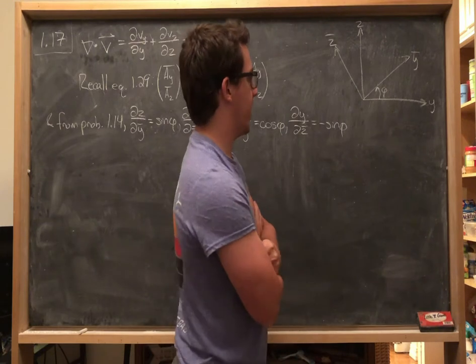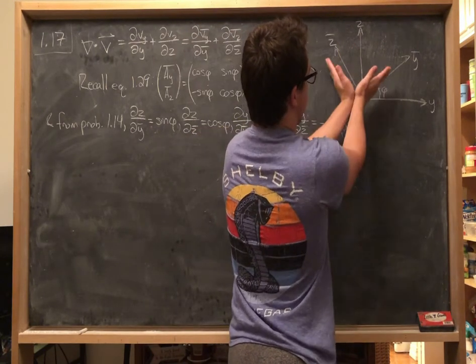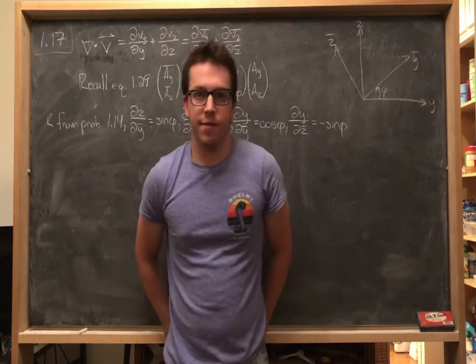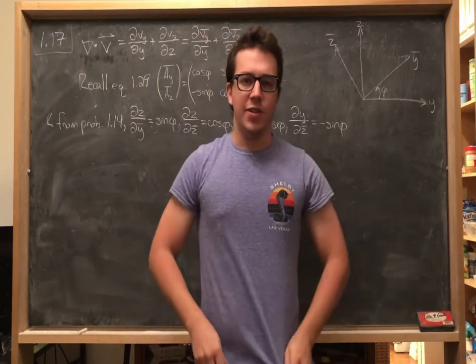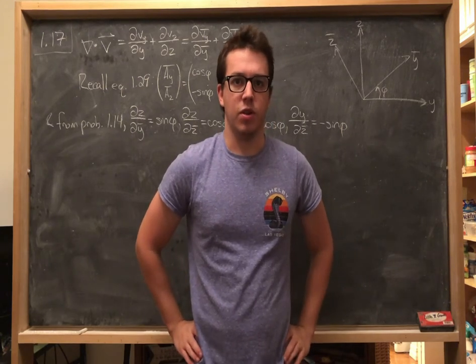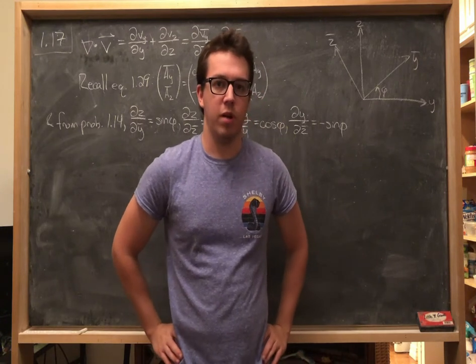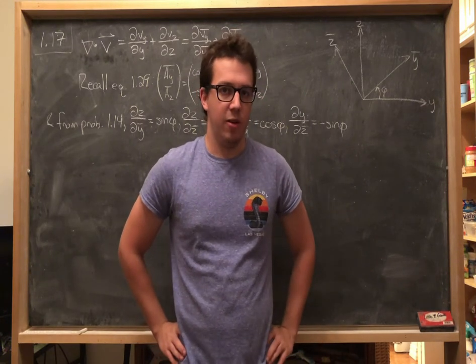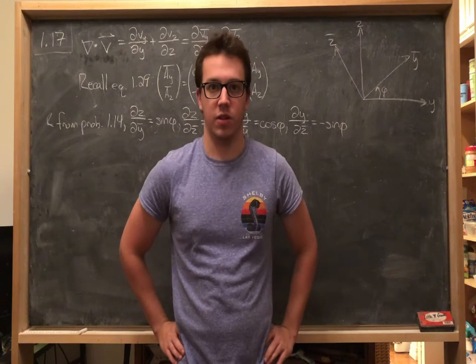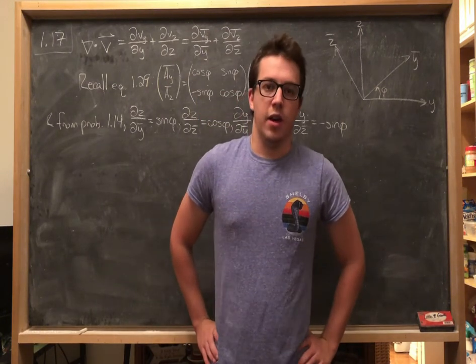And so a rotation in this case is, we can imagine taking our coordinate system yz and rotating it by a given angle phi. Before I get too much further into this, I want to talk a little about what we're looking for, what it means to be a scalar versus a vector, because in 1.14 we showed that it was a vector and not a scalar.